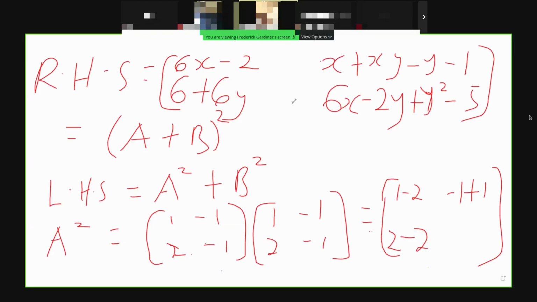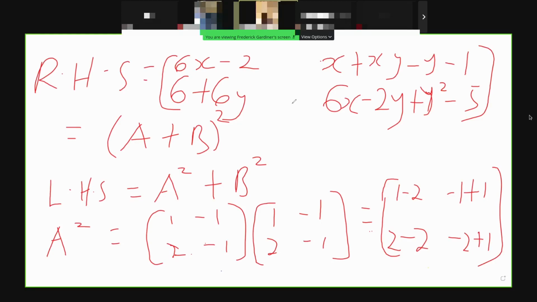Then the same second row takes on the second column. 2 multiplies -1, we get -2, then plus -1 multiplying -1, we get +1. So finally, please write a squared down. We are going to get -1, 0 on the first row, and 0, -1 on the second row.